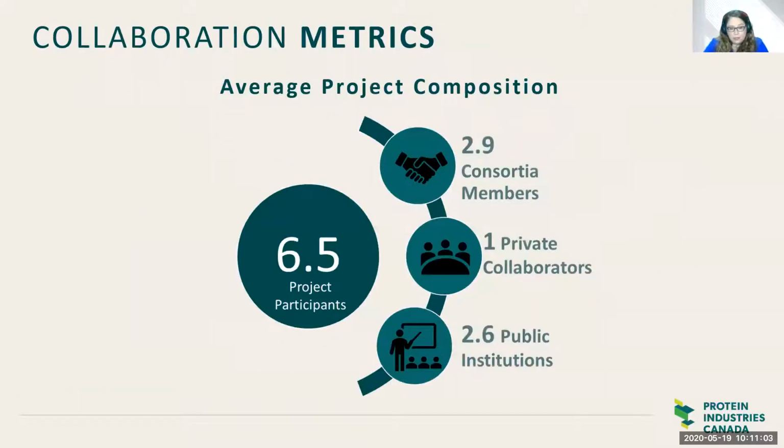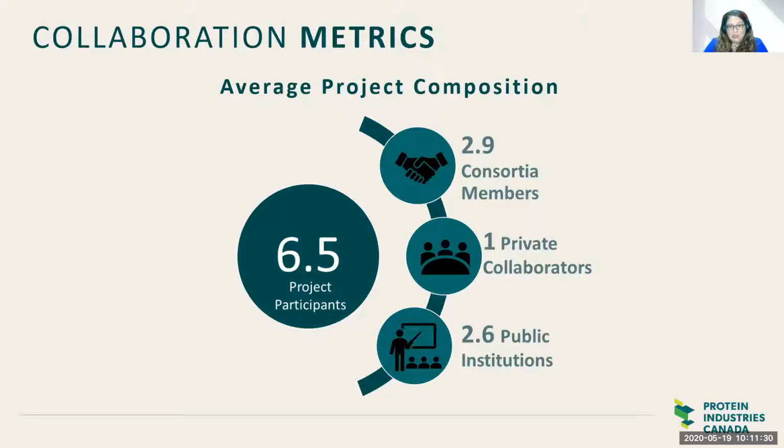As a supercluster, one of our primary goals is to encourage collaboration. And this collaboration metric graphic is really interesting and important to note in what we're looking for in terms of projects. On average, we see between 2 and 3 organizations who become consortium members. And these are the organizations that sign the master project agreement with PIC and receive funding directly.